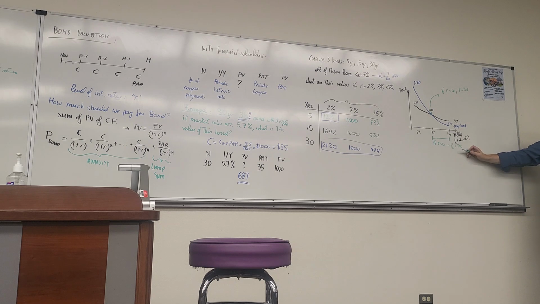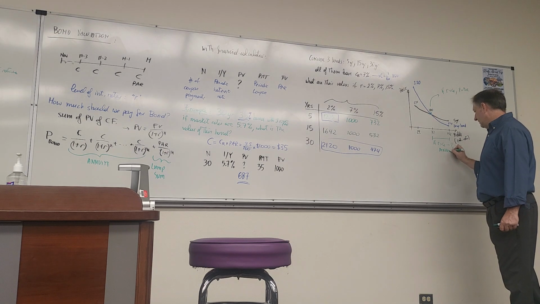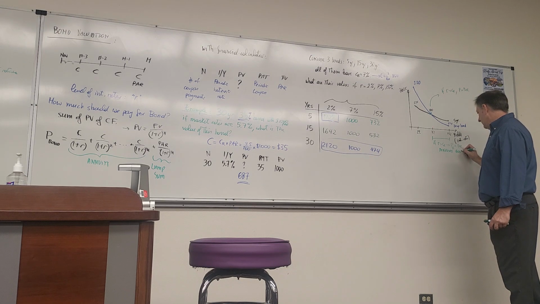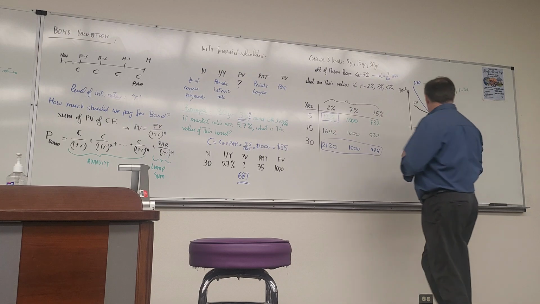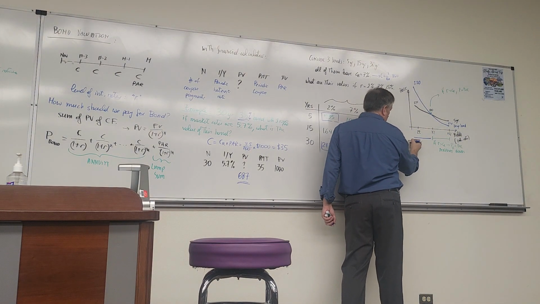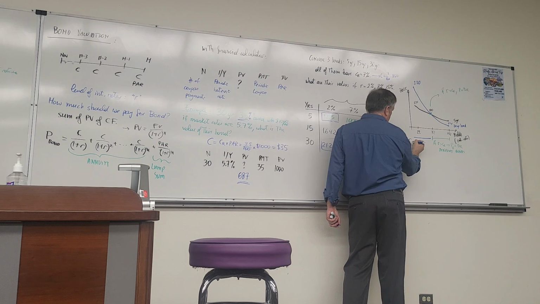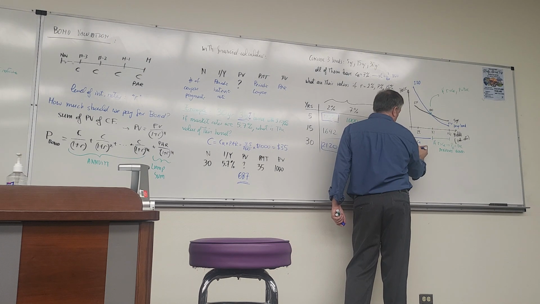And those type of bonds are called discount bonds. At the same time, if you're on this part of the graph, if the market rate is less than the coupon rate, then the price of the bond exceeds par. And we call those premium bonds.